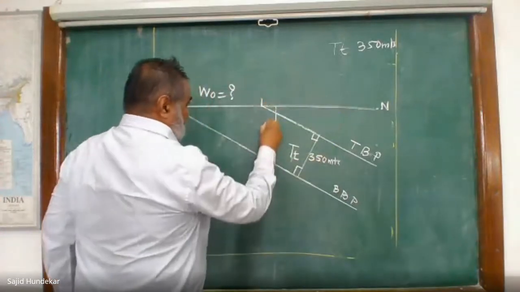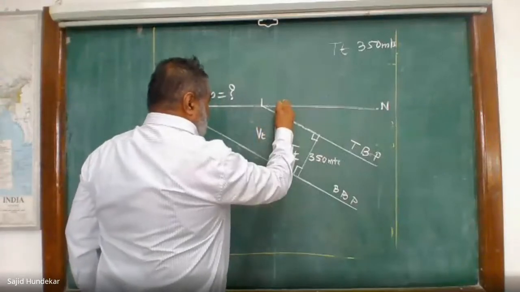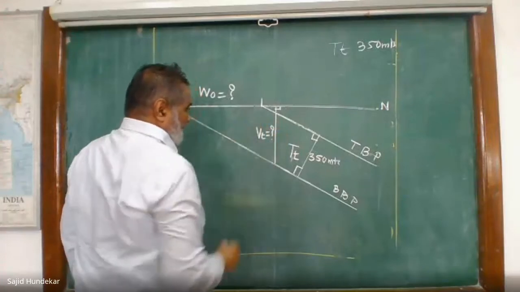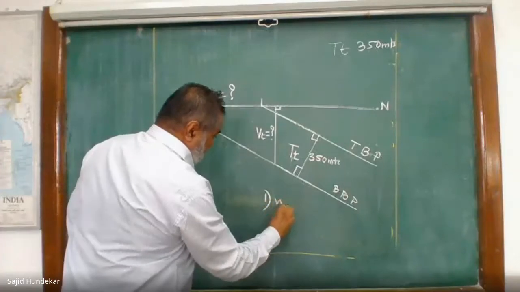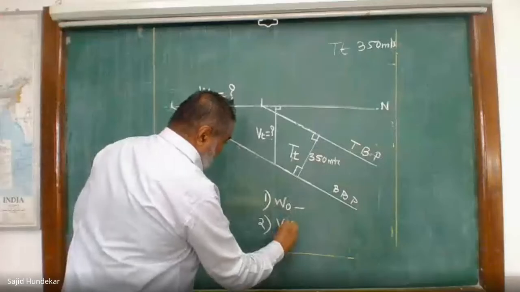I have drawn the VT, taken perpendicular to the horizontal surface, and this answer we have to find out. Write the answers over here: first the width of outcrop, and second the vertical thickness.